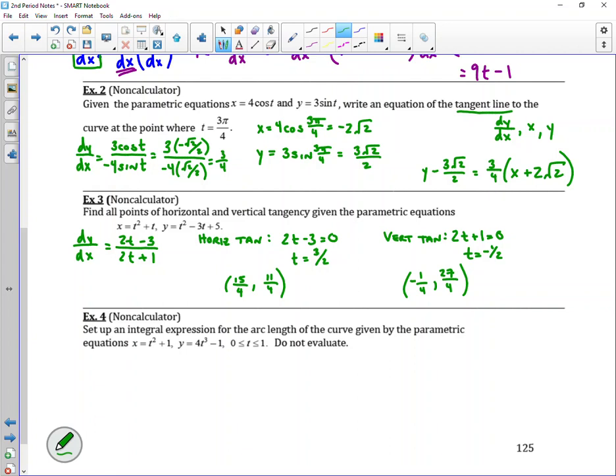Okay. Case in point. Should have just plugged it in. I should have just written it like this. 3 halves squared plus 3 halves, comma, and then the other one.